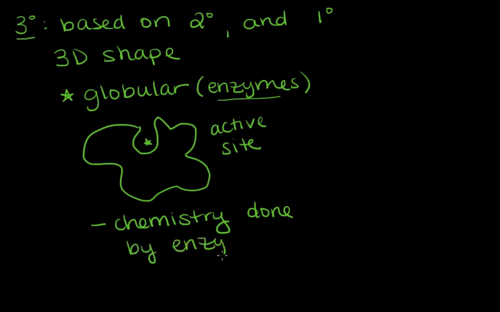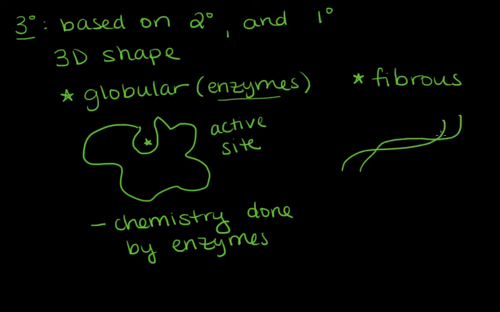And there's another type of structure called fibrous. Fibrous structure. So these look like big fibers, and they can be sometimes braided together. Oh, here, we'll talk about that in a minute. So these look like big long fibers.